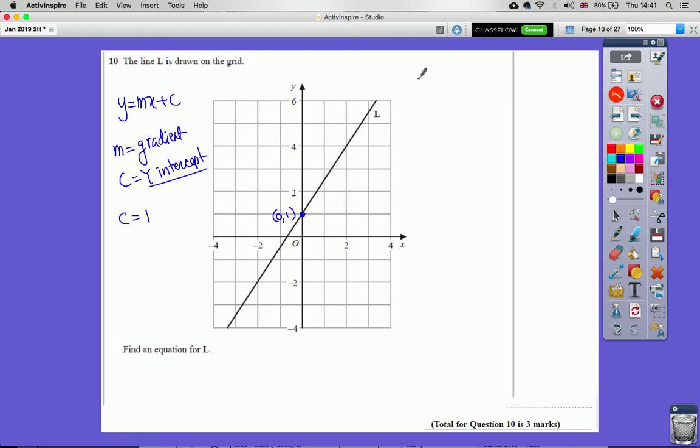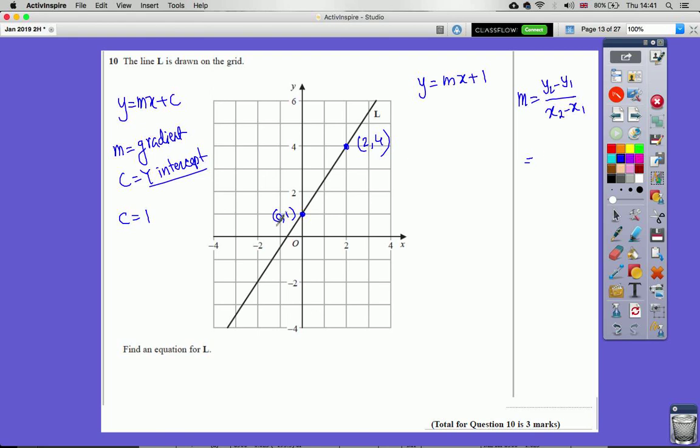So I have found out y is equal to mx plus 1. Now I need to find out the gradient of the line. So what I'm going to do is I'm going to pick another point on the line. Let's pick this one. The coordinates of the point are 2, 4, and this point's 0, 1. So m, or the gradient, is y2 minus y1 divided by x2 minus x1.